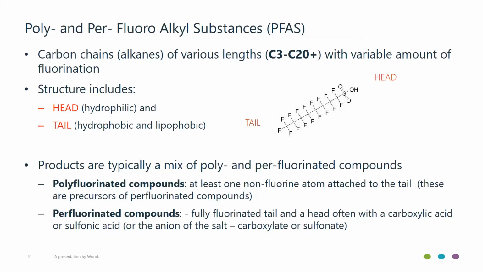So their head and their tail, as we call them, have different properties, which is why these chemicals were so interesting to manufacturers and so useful, because this tail has hydrophobic and lipophobic qualities, which means it resists stains and it resists water, essentially. So they were able to use these chemicals so broadly because of those properties. And so we're going to talk a little bit more on the next slide about what poly and perfluorinated actually means. Next slide, please.